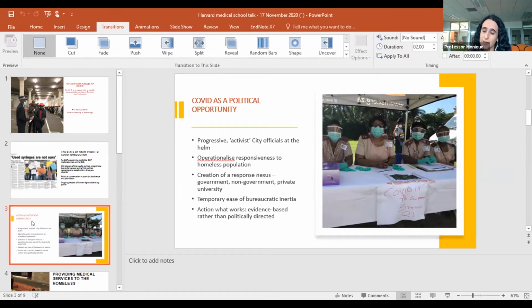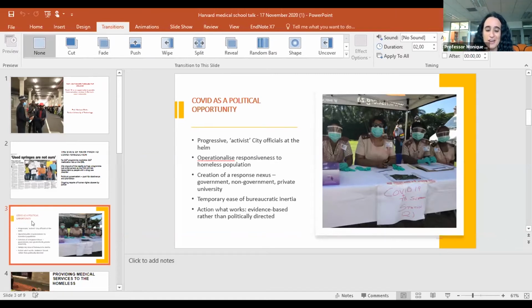Now, what that meant, of course, is an easing of the bureaucratic inertia that we generally find when we work with government agencies, and a sudden look towards evidence-based interventions as a way of dealing with drug use during COVID. Now, not all of this is because people are nice.